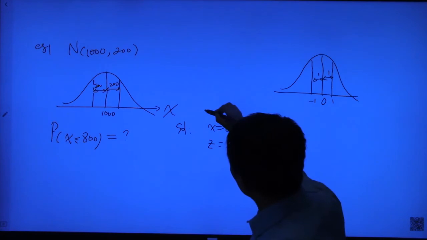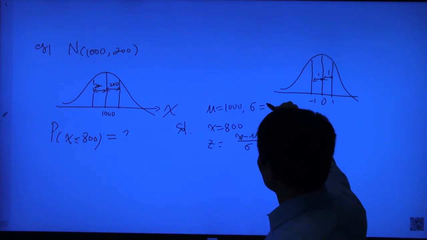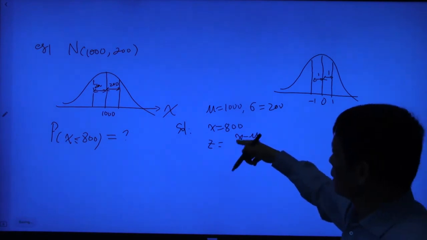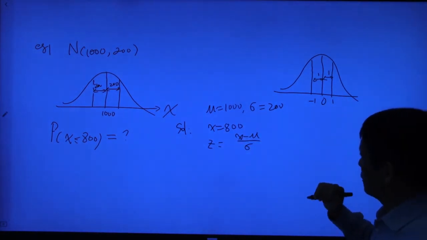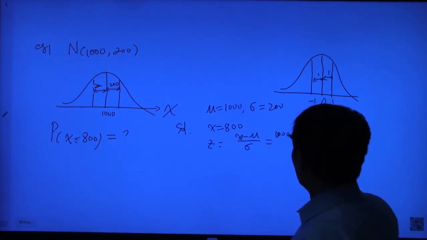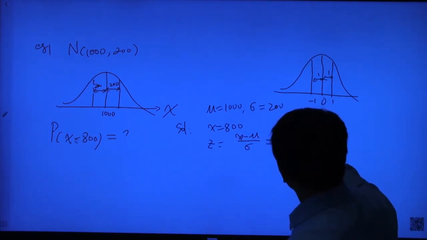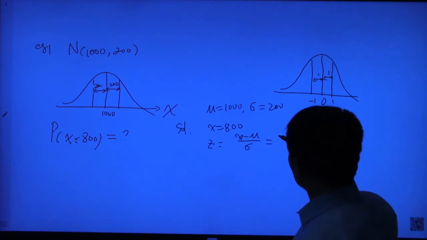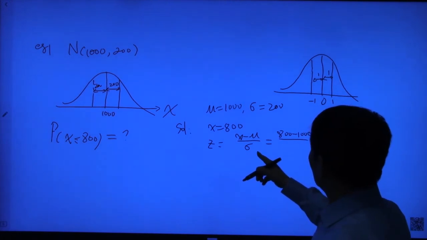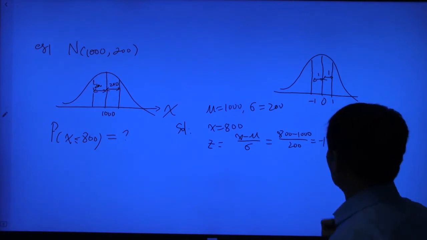For this normal distribution, mu equals 1000, and sigma equals 200. I want you to list this to make it clear. So z equals this, then we plug in the numbers: 800 minus 1000, divided by the standard deviation, which equals 200. So this will equal negative 1.